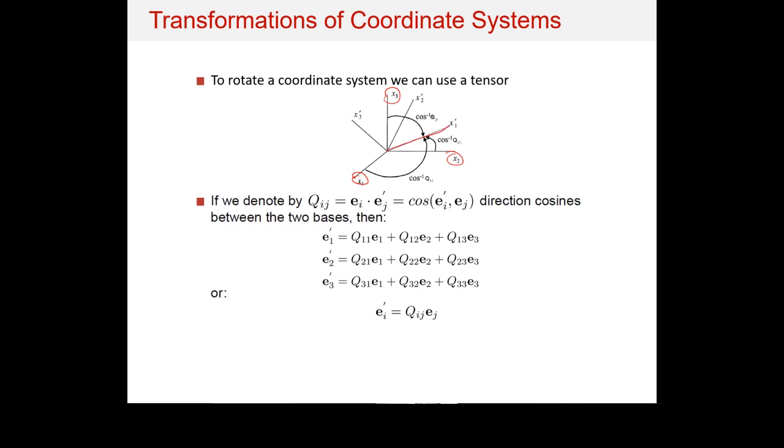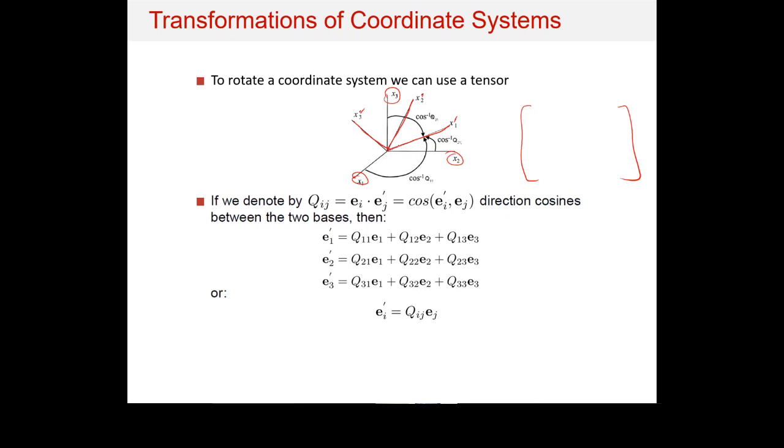This is x1 bar, this is x2 bar, and this is x3 bar, or dash. Now, the component of this transformation matrix is basically related to the angles between the old and the new coordinate system.